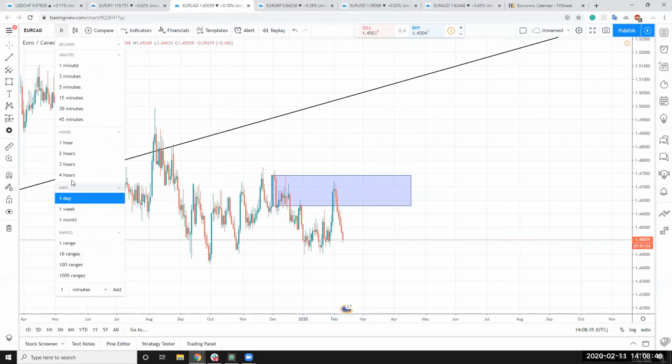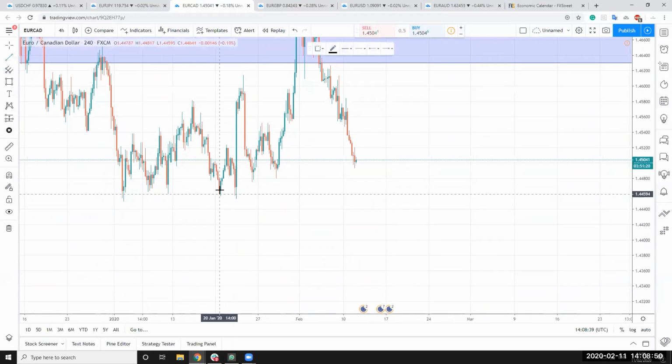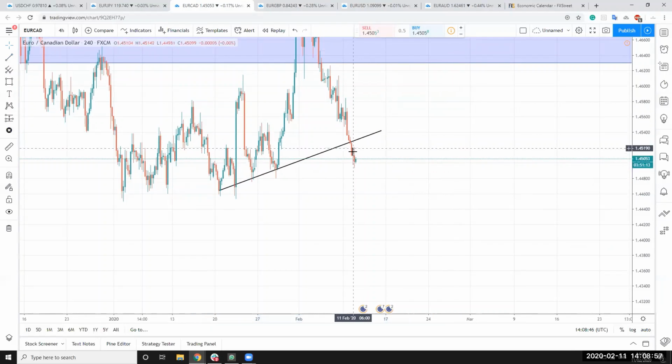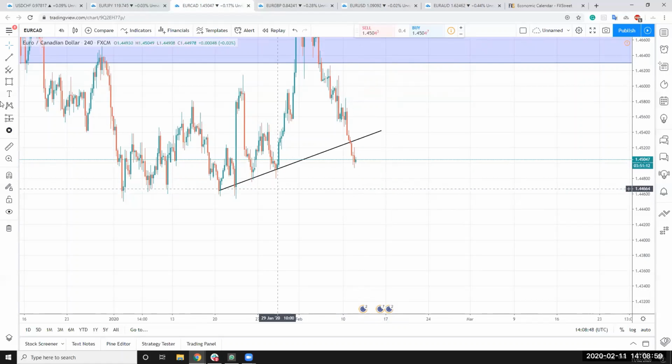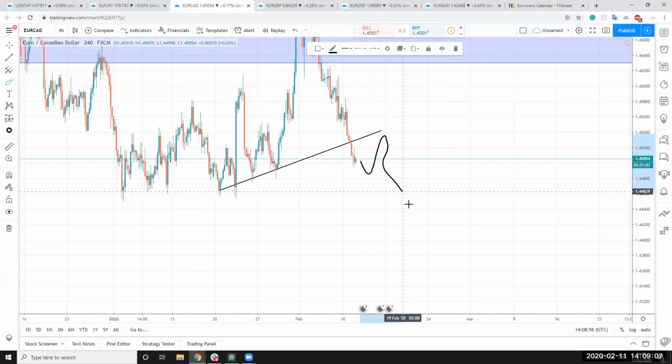Okay, cool. Now, what people would be doing is drawing a trend line here. As soon as it breaks, start selling. All we need to do is wait for price to come a bit lower and then retest this trend line to go lower.